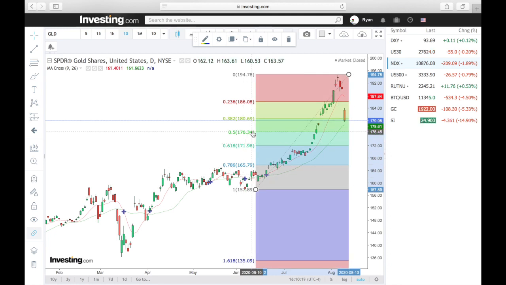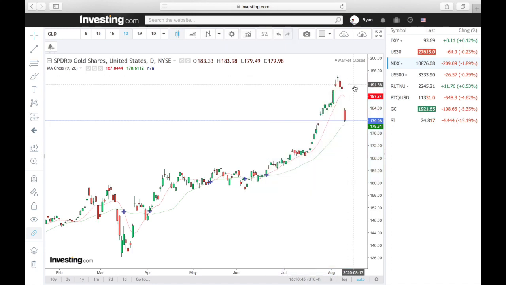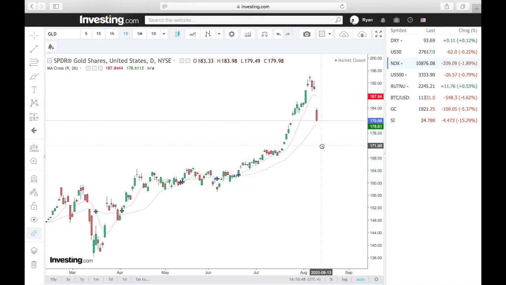It can go up to the 50% retracement, which is not too far away, 176, or it could retrace much more severely at 172, also another possible option. But if it does hit 165, I would be a little bit more cautious, and that, depending on what happens in the future, could be a possibility. So right now we're looking at a 38% retracement, so it wouldn't be uncommon for GLD to bounce off from this level in the future.